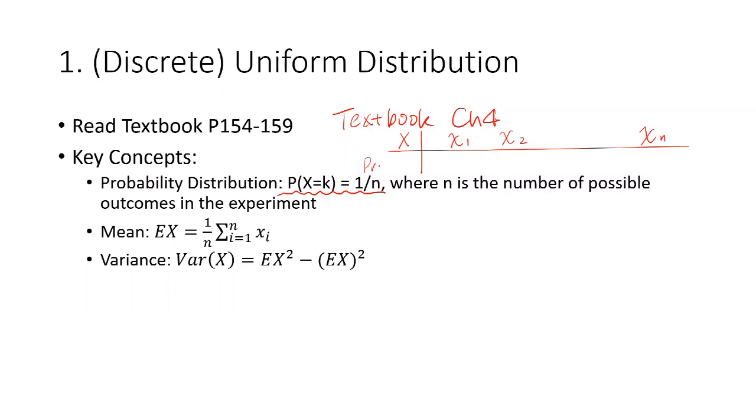And the probabilities of being such values are the same because it has n values. If all the probabilities are the same, the probabilities should be 1 over n, right? 1 over n, 1 over n, 1 over n, 1 over n. Because the sum of these probabilities is always equal to 1, right? If a discrete random variable has such probability distribution, we call it discrete uniform distribution.